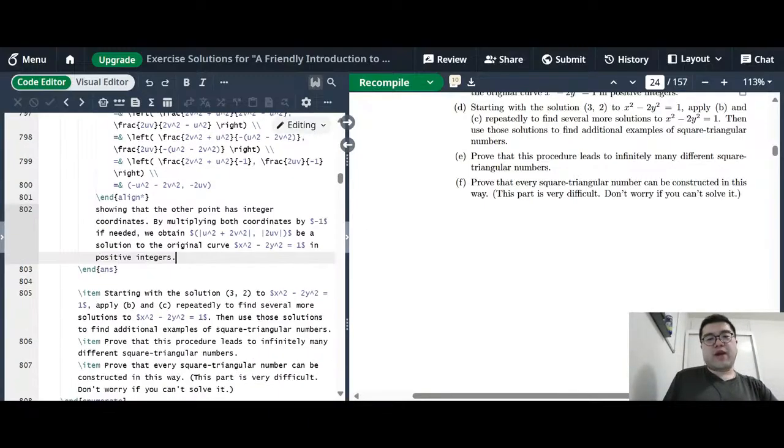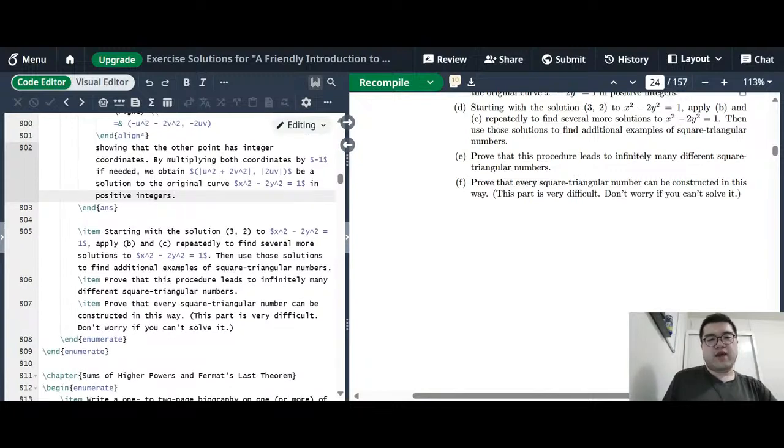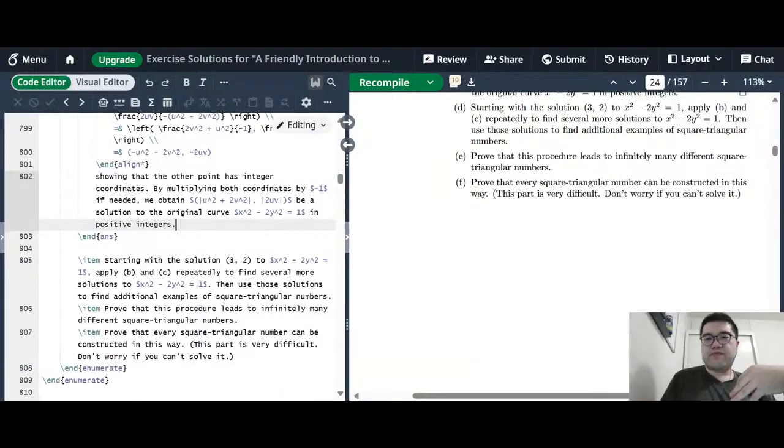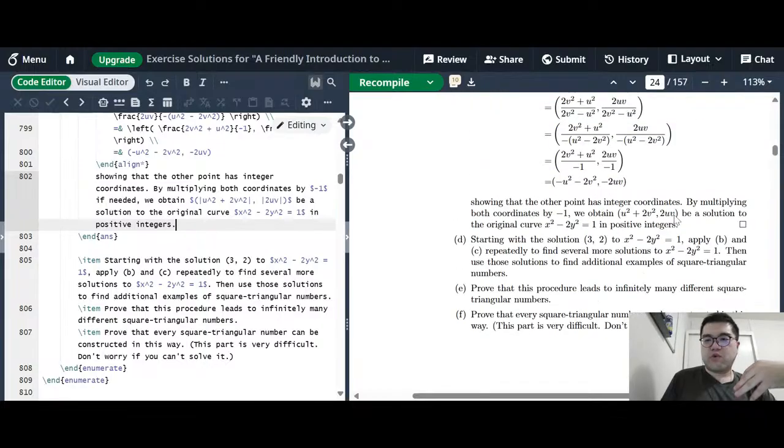So now we're back to part A. Yay! We're now going back to find out more square triangular numbers. We can try to use part B and part C to help us find more solutions to the equation.